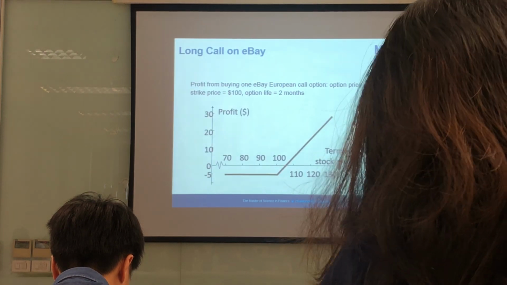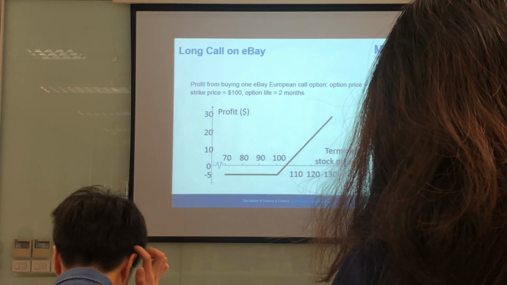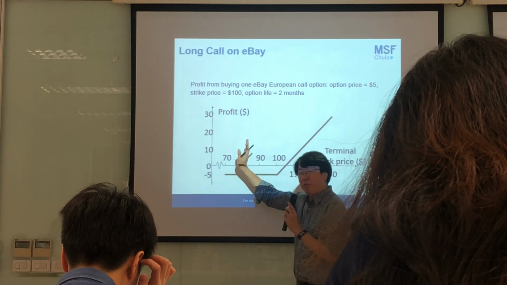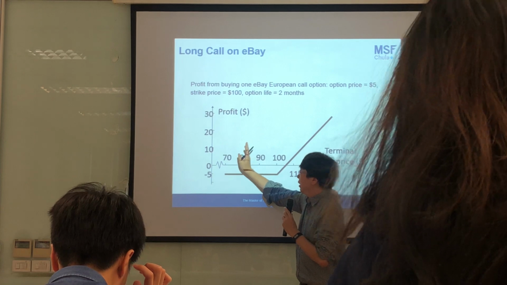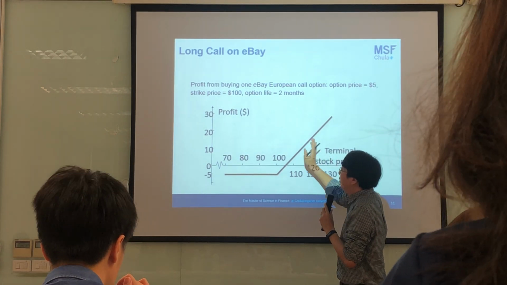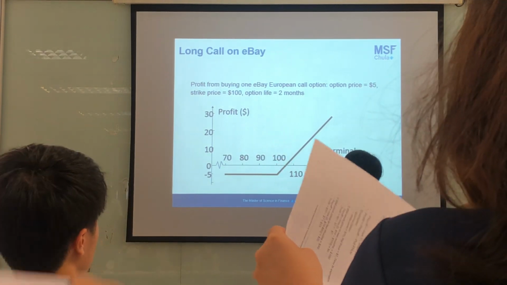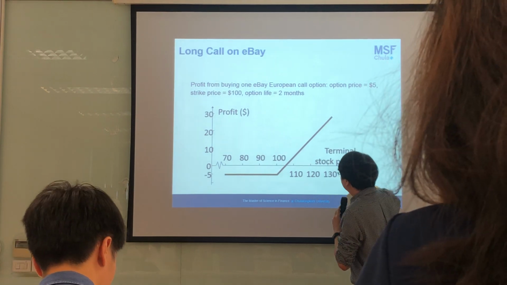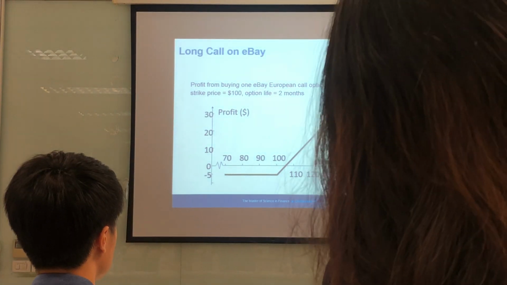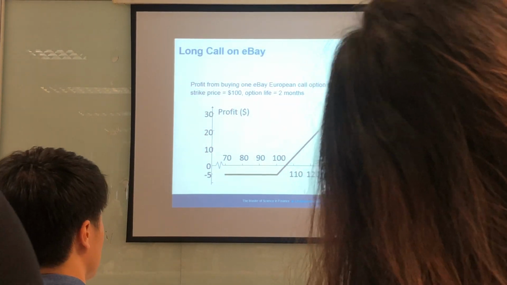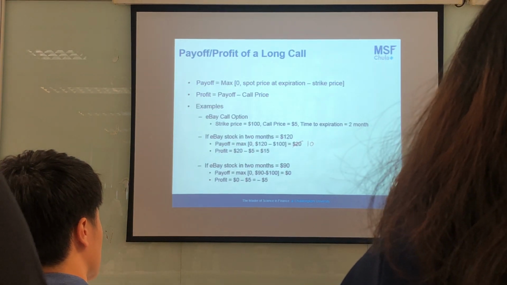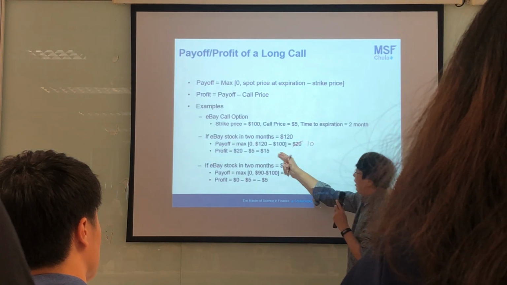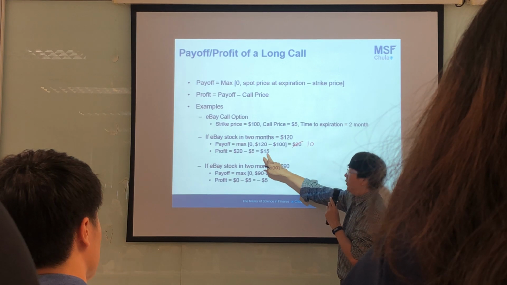This is the net profit of having the call at different stock prices here. In the previous slide, you can see that if the market price of eBay equals 120, the net profit is 15.